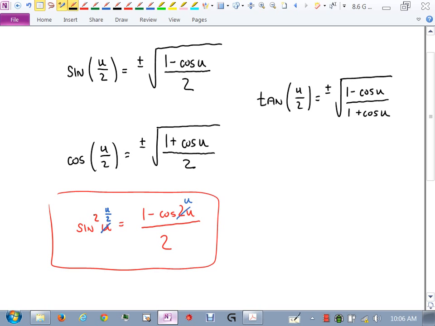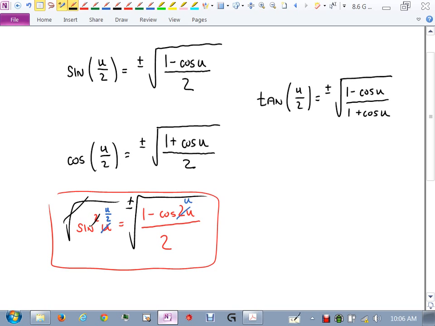If I take the square root on both sides, you always have to do plus or minus, don't you? And so the square root kills off the sine squared, which just leaves you with sine u over 2, which is that, and then plus or minus, and then that. So it's the same formula, which is why the formula sheets don't usually put them, because you can always extrapolate these formulas from those. But they are called half-angle identities or half-angle formulas.